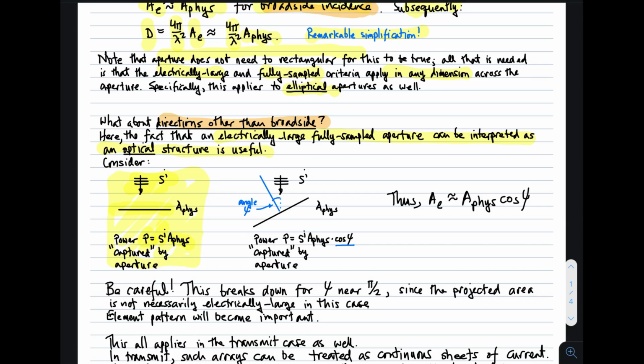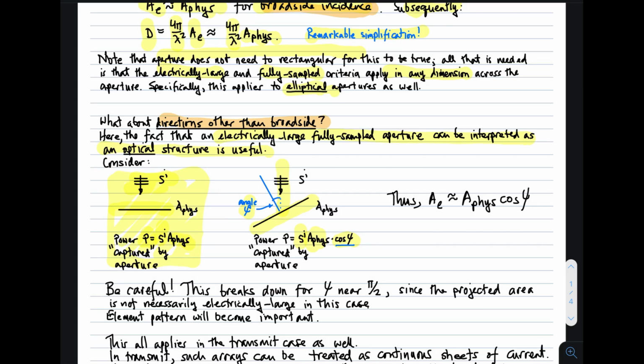If you follow that thinking through, then if you turn the aperture so that the incident power comes from a direction off broadside, and here that angle is psi, then the power captured using the optical paradigm would be the power density times the physical aperture times cosine psi, which is 1 when psi is 0, as in the case on the left, and 0 when psi is pi over 2, which is the case where the incident power arrives from the plane of the aperture.